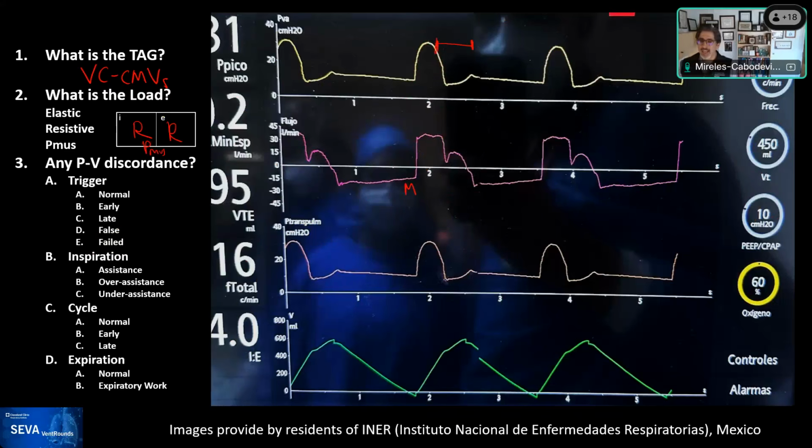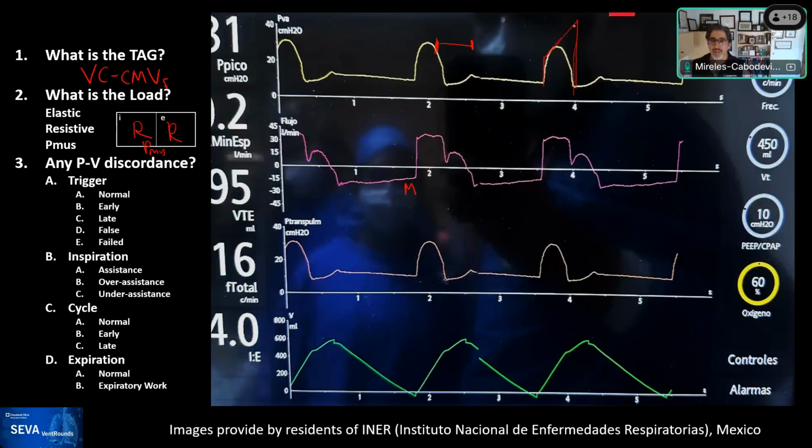But just for the sake of it, I'm going to draw out how these waveforms should look, because that will help you put it in your brain how, in a constant flow, this waveform should look. After the initial step up, you would expect the pressure to go up and then be a straight line because the flow is continuous, and there would be a point at the end of the breath where it would come down, something like that.